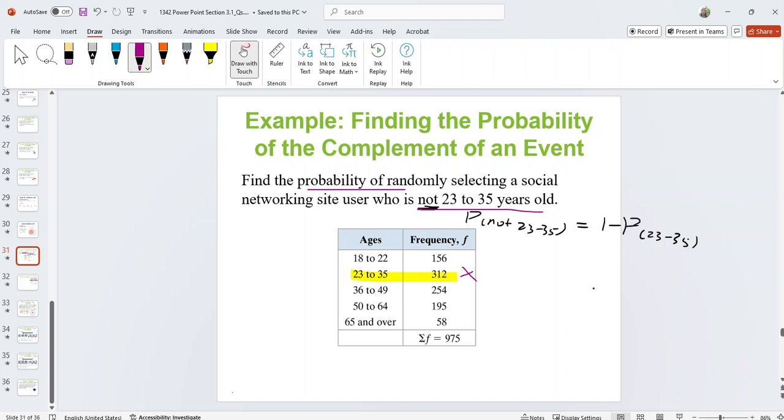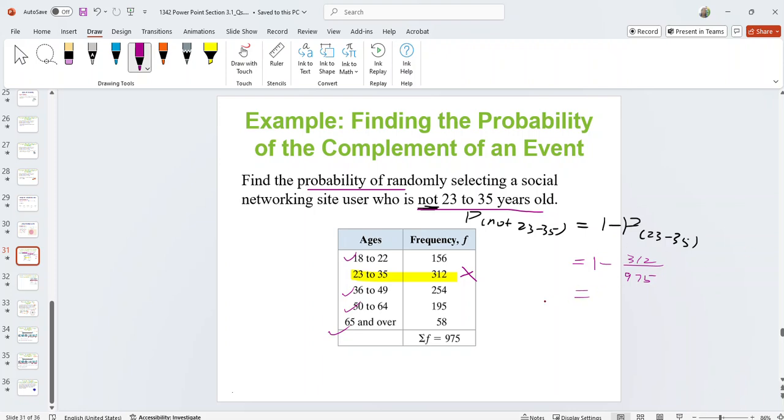If we don't want this group, we can take these groups 1, 2, 3, 4, add all four together and divide by the total. Or I can simply use 1 minus this group. This group's probability is 312 over 975, and that is a little easier to calculate than the direct calculation.